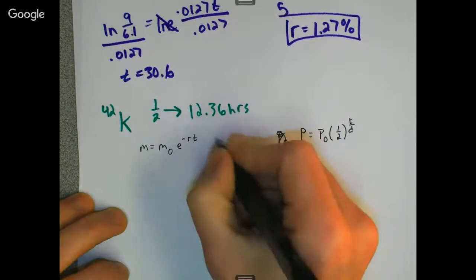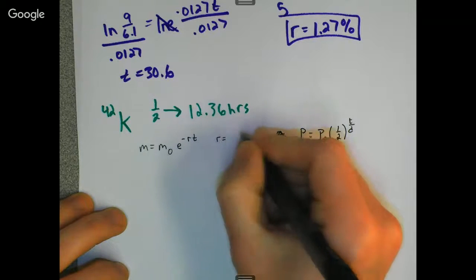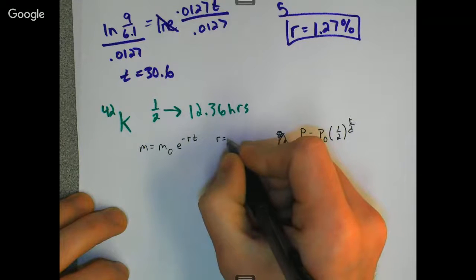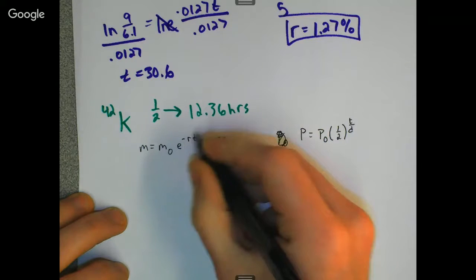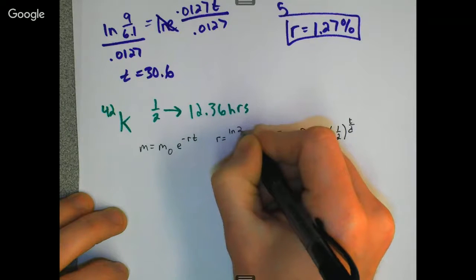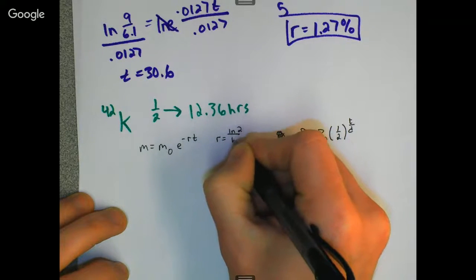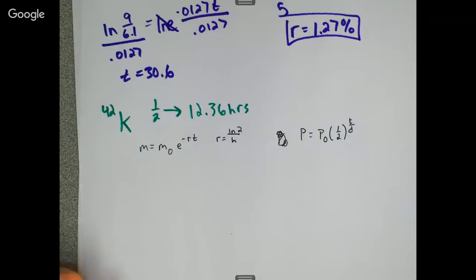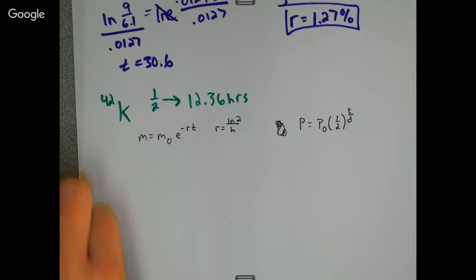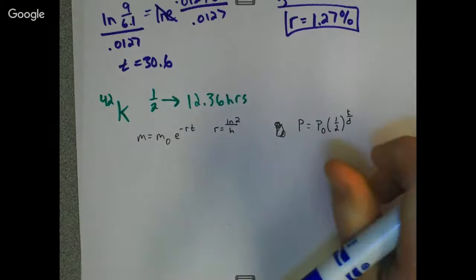Okay, and it says the rate equals, which this is just exponential growth, or exponential decay because of that negative, that the rate is ln2 over h, which is hours. Okay, so we can kind of compare both of these, and we'll look at which one's more accurate or which one gives you a better result.